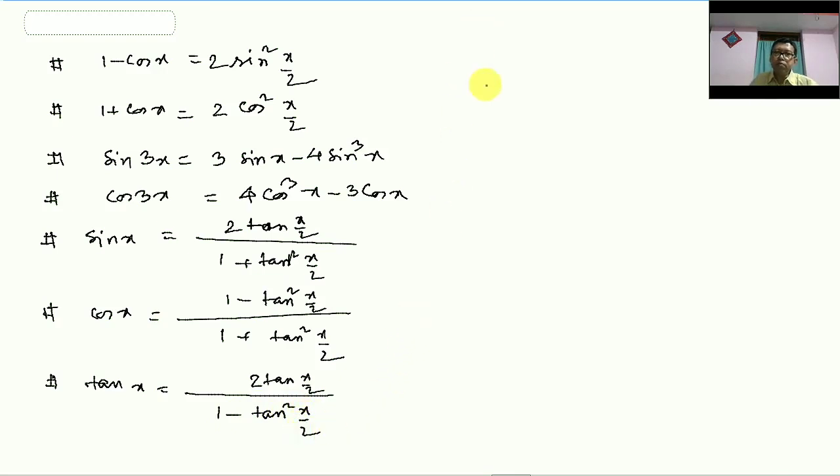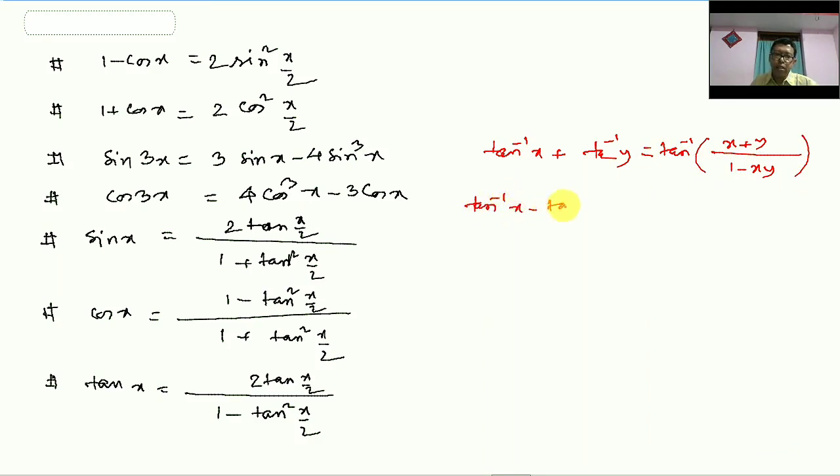Next, some formulae, these are also important, you should remember these. These are taken from inverse trigonometry. Tan inverse x plus tan inverse of y is equal to tan inverse of x plus y upon 1 minus xy. Next, tan inverse of x minus tan inverse of y is equal to tan inverse of x minus y upon 1 plus xy.